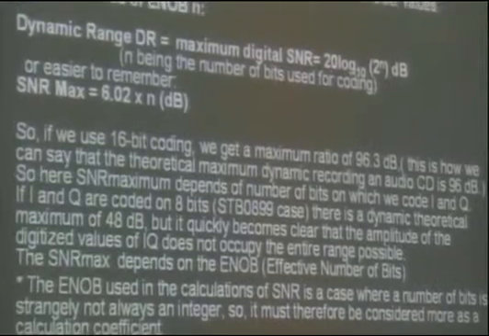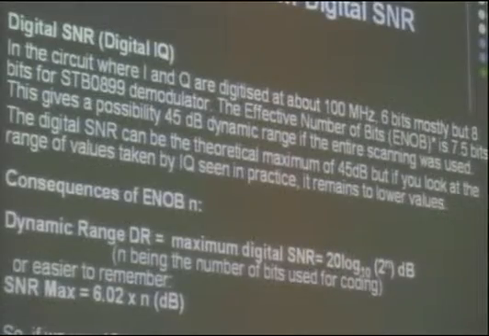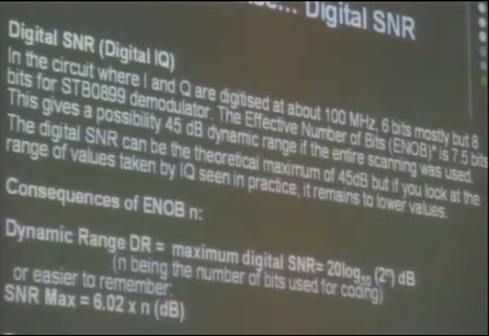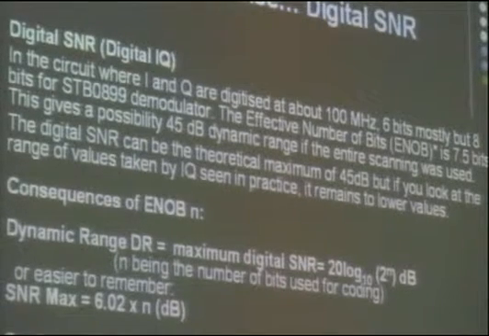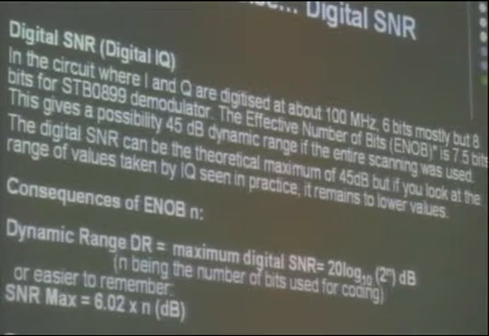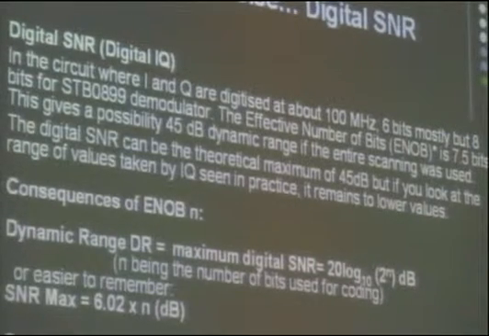Digital SNR. IQ are digitized at about 100 megahertz, 180 exactly, when you use high sample rate. When you use low sample rate, we will see later that DVB demodulators have many problems to synchronize when we go lower with SR value.